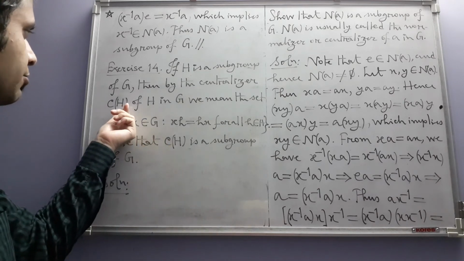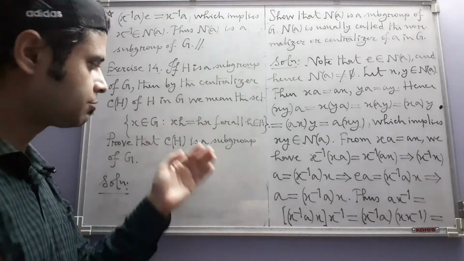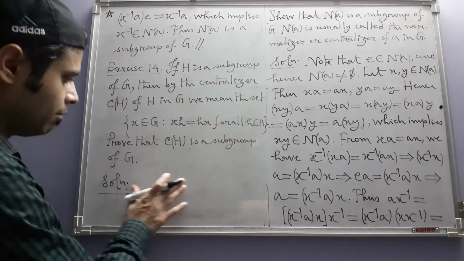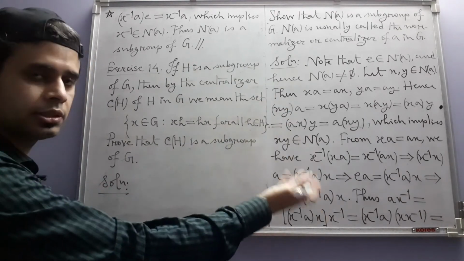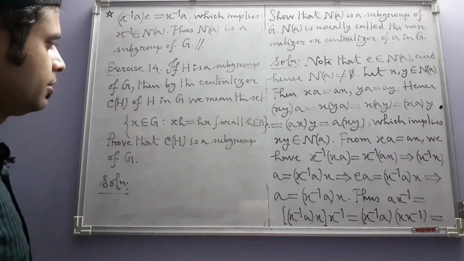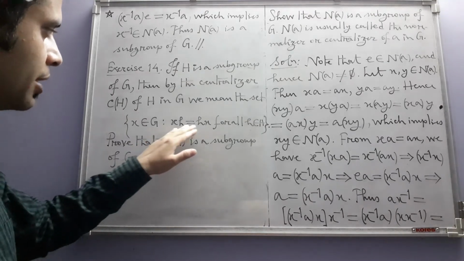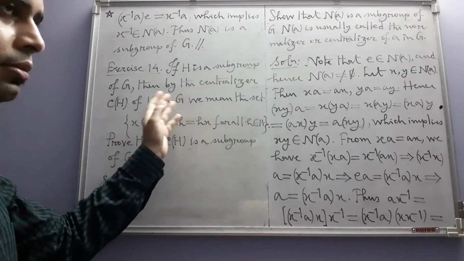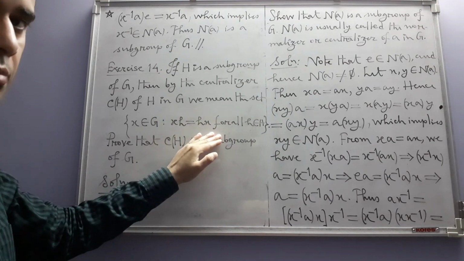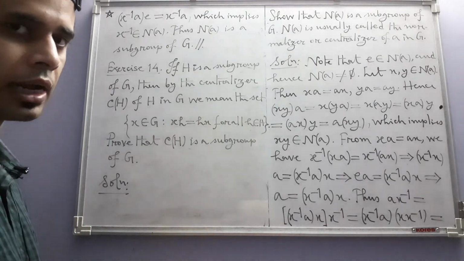But centralizer of a subgroup is the set of those elements that each one of them commutes with all the elements of the subgroup. One method of showing this is of course just like this. You show first of all that this is non-empty, and then you take two elements in this set, prove that their product as well as the inverse of any one of them belong to this subset. That will prove that it's a subgroup. That is proving it from scratch.